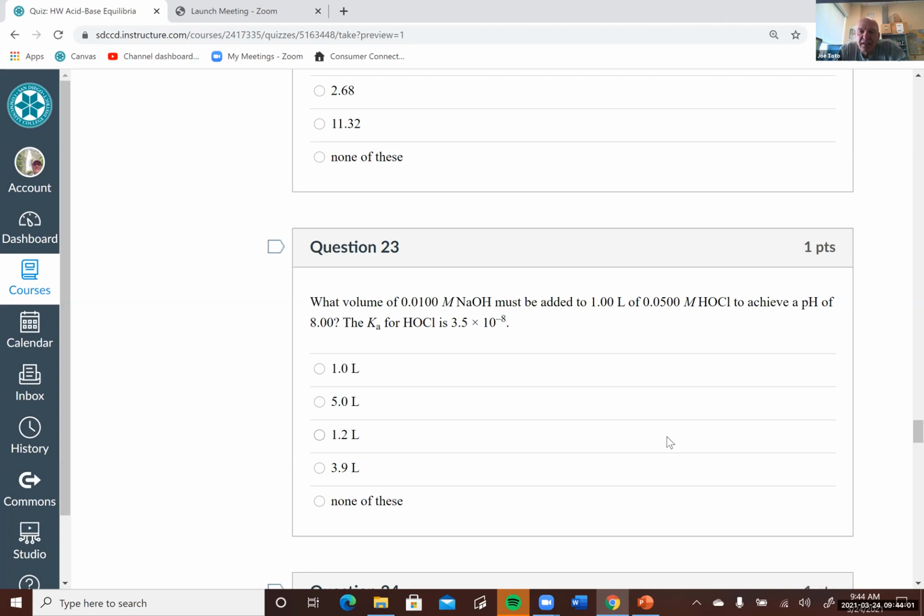So they're telling us that we have to neutralize enough of this weak acid to achieve a pH of 8.00. And they give us the information to calculate moles of the HOCl.